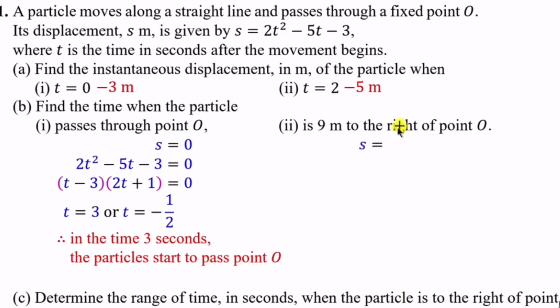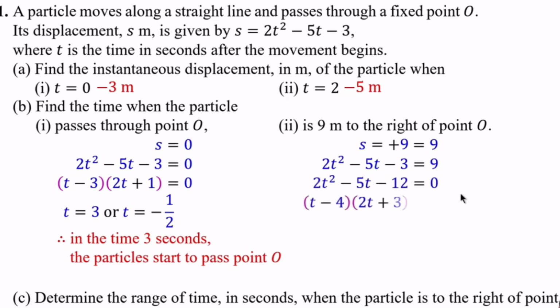For number 2, if the displacement is 9 meter to the right, it means it's positive 9. So then we will substitute displacement equal to 9 into the s. After we substitute, we need to factorize, right? Before we factorize, we must make sure it's in general form.